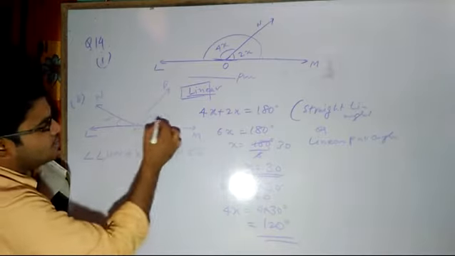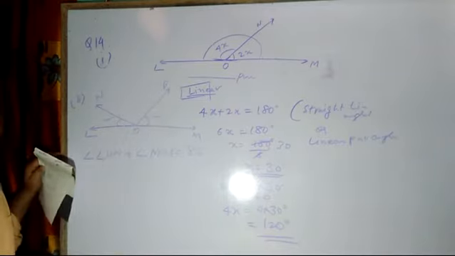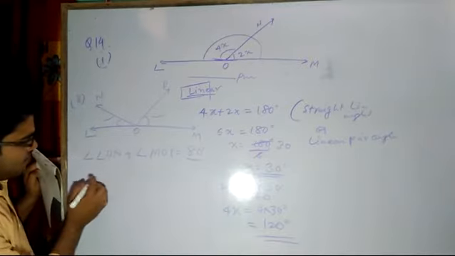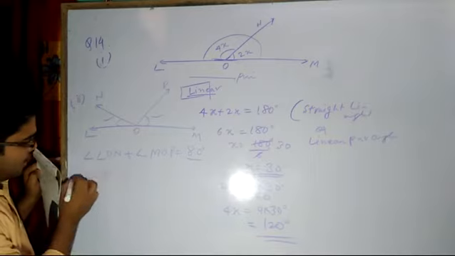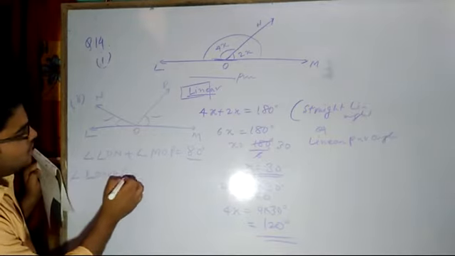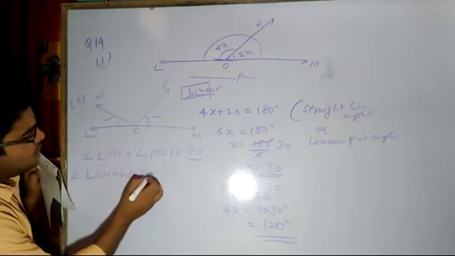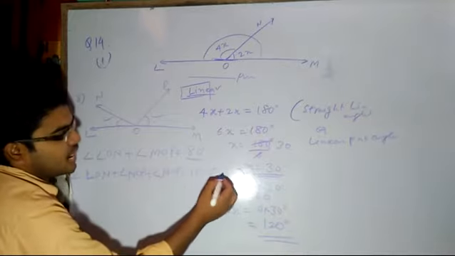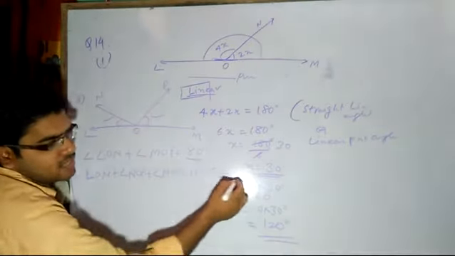That means the sum of these two angles is 80 degrees. So we can say angle LON plus angle NOP plus angle MOP is equal to 180 degrees, that is a straight line angle. We can write the reason.